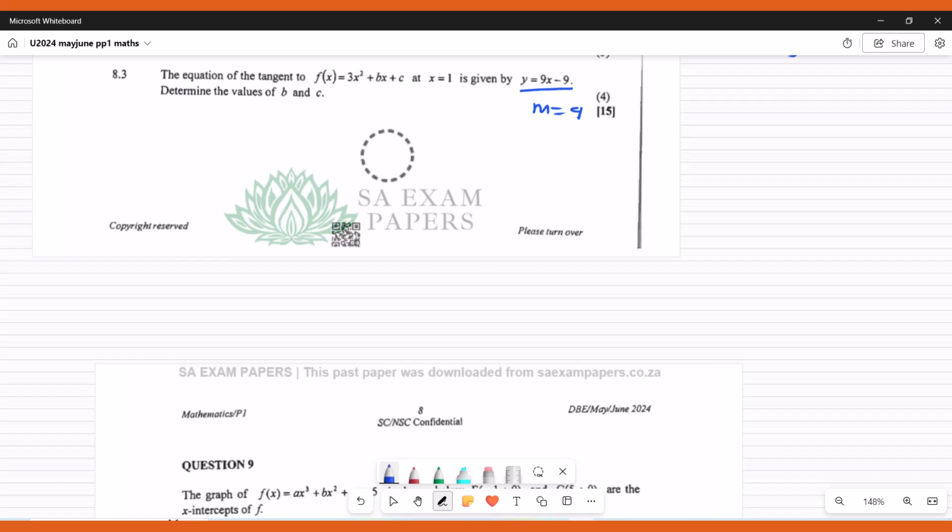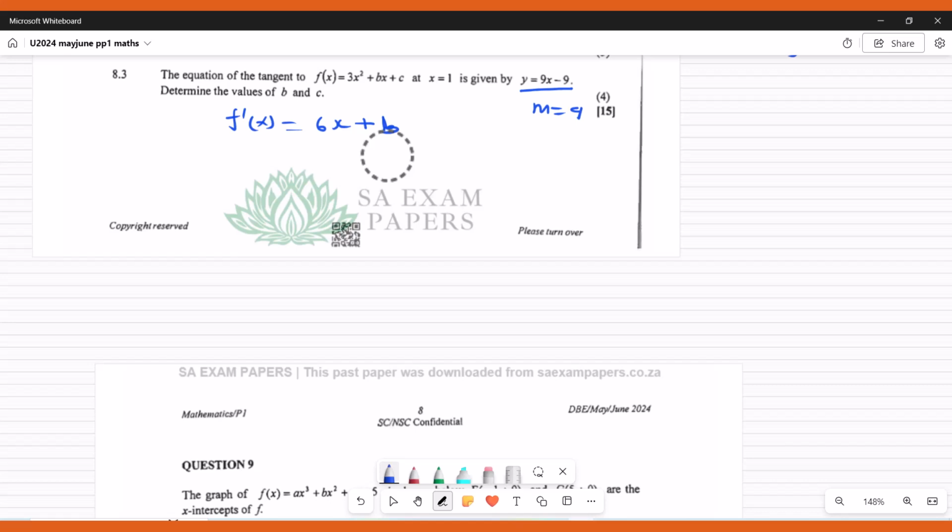Now this other side, to get my gradient here, I differentiate. So f derivative x equals to 6x altogether plus b. Now the gradient, if I put in x equals to 1, I must get this 9 here because it must be the same gradient.